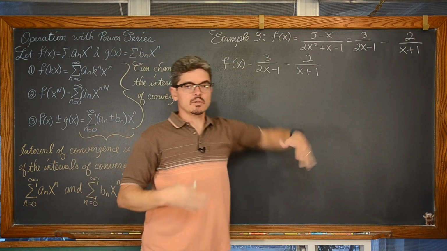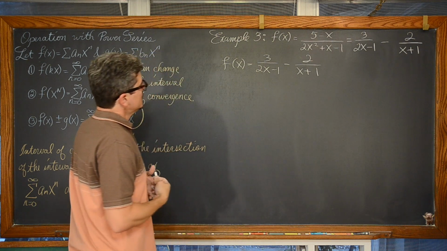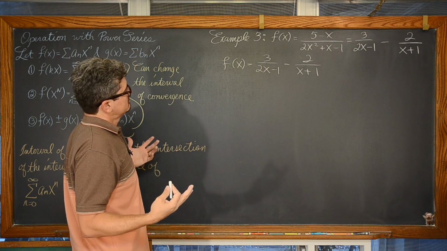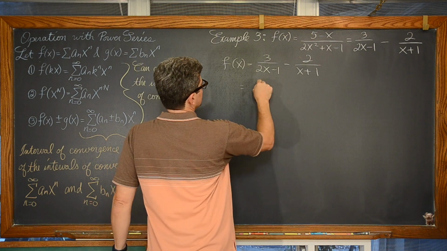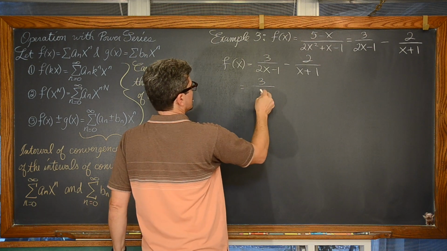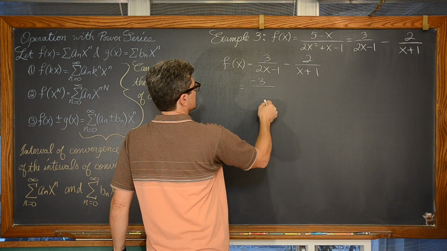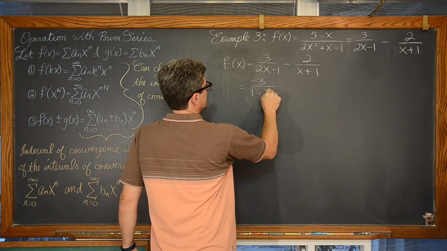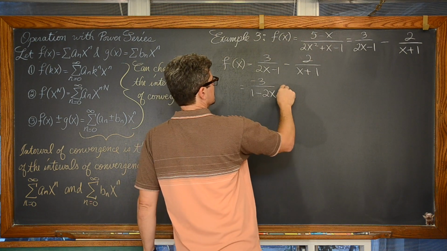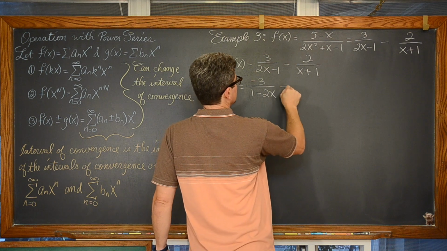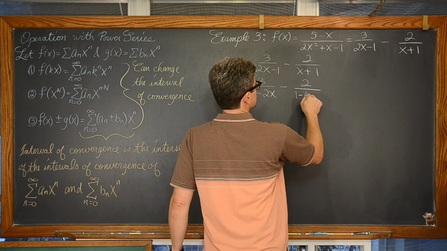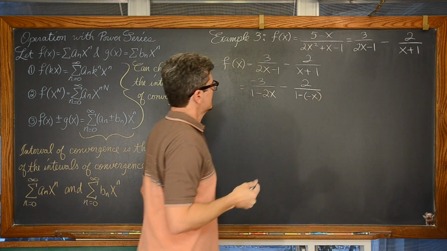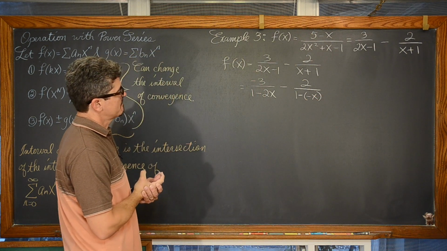Now we're really close to those first examples. We can write this as negative 3 over 1 minus 2x, and over here we've got negative 2 over 1 minus negative x.